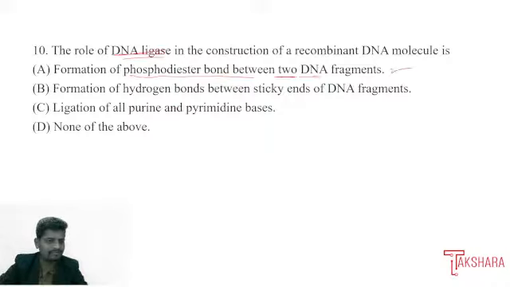Okay, this is correct. "Formation of hydrogen bond between the sticky ends and DNA fragments" is given. There is no bond created through hydrogen bonds like in the sticky ends. So it is also wrong. And "ligation of all kinds of purines and pyrimidines" is given. Ligation does not ligate purines and pyrimidines; it only rejoins DNA fragments. Option D, none of the above, does not apply. So option A will be the correct example with relation to ligase.